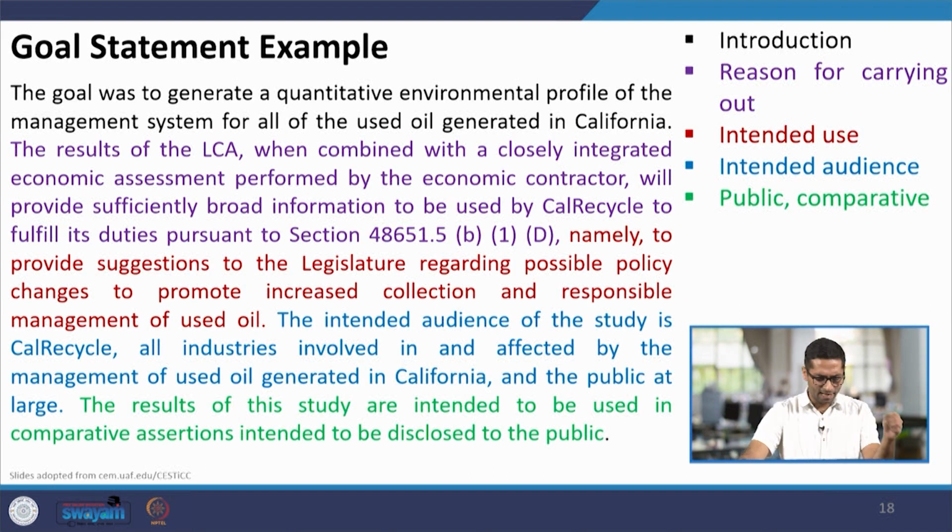Herein I am taking a statement from an LCA study. The study was done by an organization called Cal Recycle, for the state of California in the US. This particular organization collects the used oil from different places and tries to convert this used oil into reusable biodiesel.